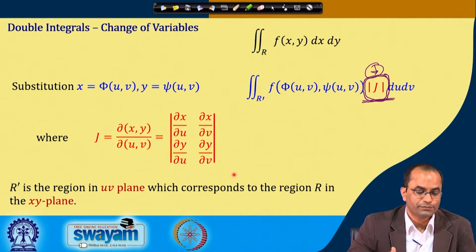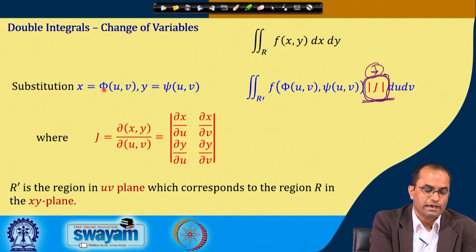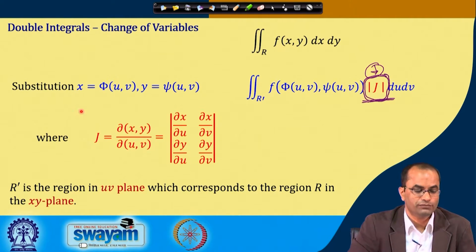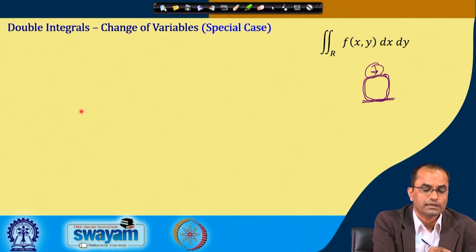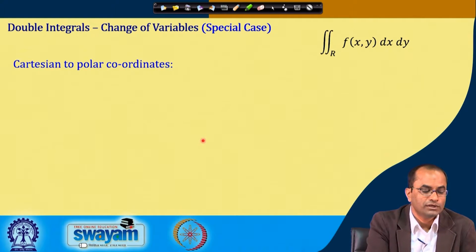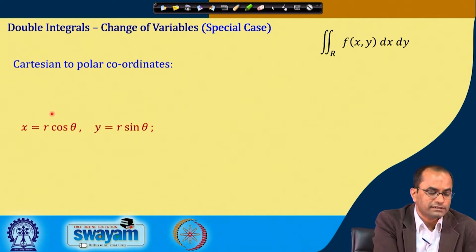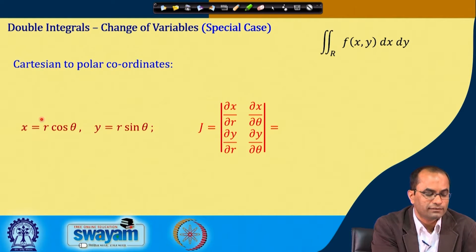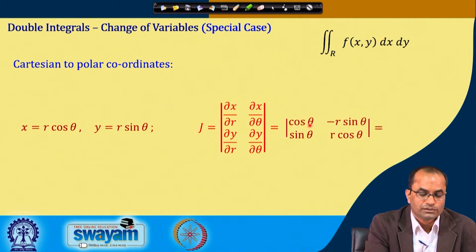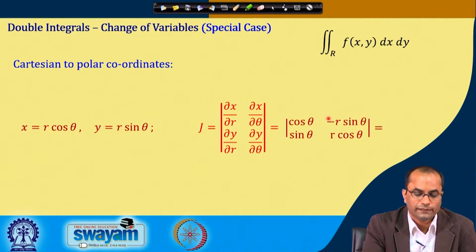If we want to see a particular case, what will happen if we substitute the polar form, that means x is equal to r cos theta and y is equal to r sin theta. If we compute this Jacobian, del x over del r will be cos theta, and del x over del theta will be minus r sin theta.